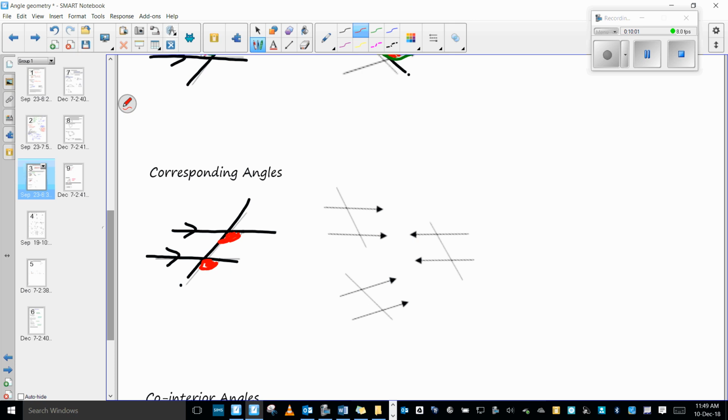Now, equally, I could have these two angles are corresponding, or I could have these two angles are corresponding, or I could have these two angles are corresponding.